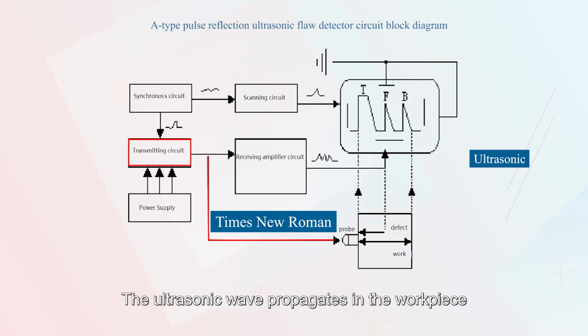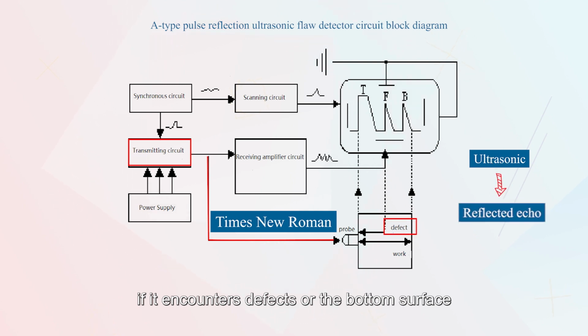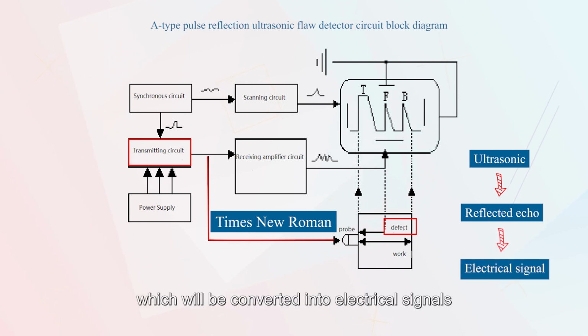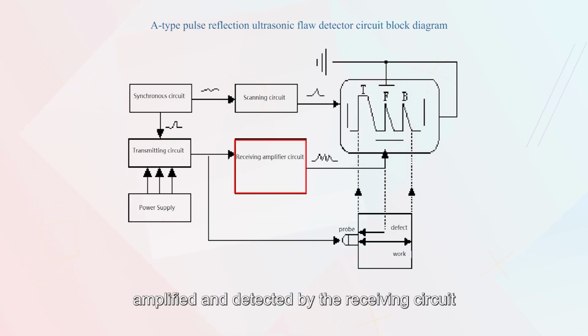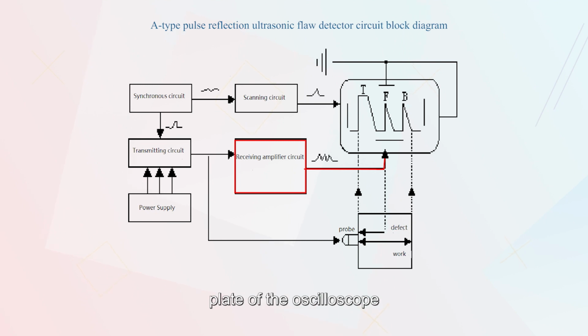The ultrasonic wave propagates in the workpiece. If it encounters defects or the bottom surface, it will generate reflected echoes, which will be converted into electrical signals by the piezoelectric wafer, amplified and detected by the receiving circuit, and applied to the vertical deflection plate of the oscilloscope, so that the electron beam is deflected vertically.